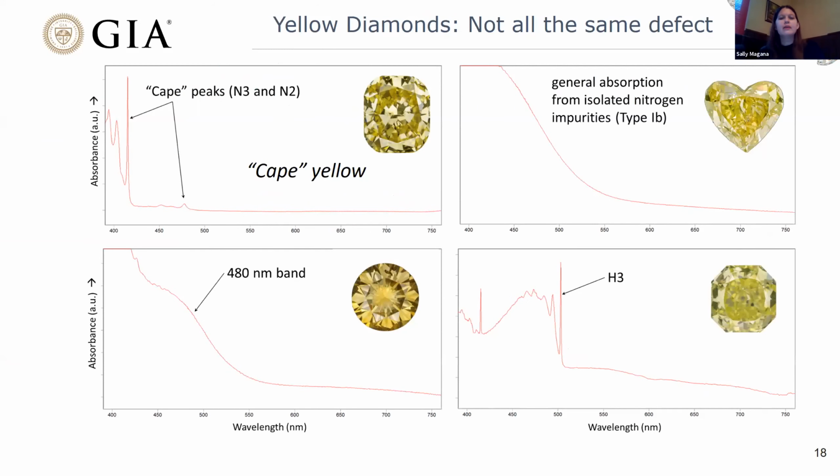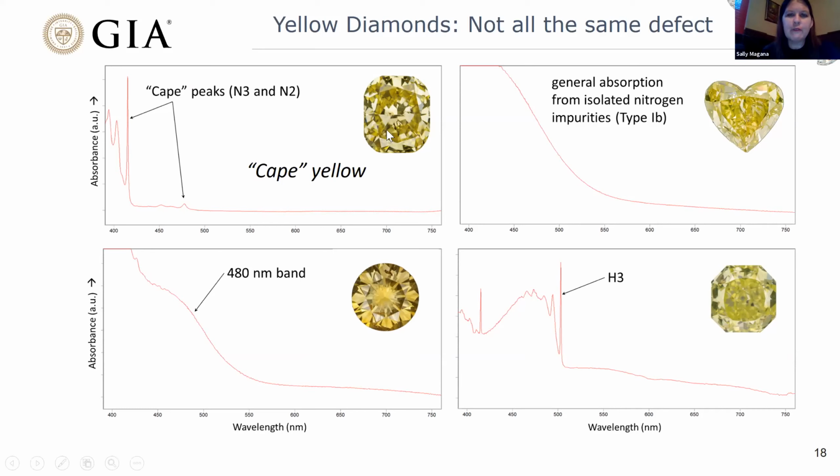So I'm going to talk a little bit about yellow diamonds. First of all, they're not all the same defect. When you look at a yellow diamond, you may not realize that there's several different potential causes of color, that not all yellows are the same. And the only way we're able to tell the differences between them is through spectroscopy.